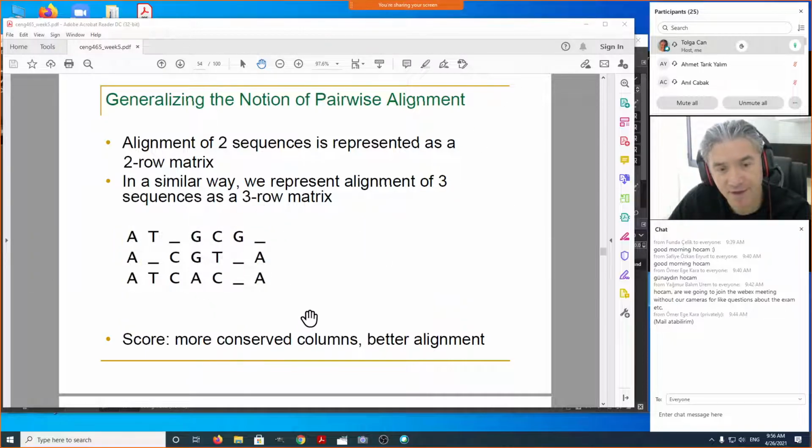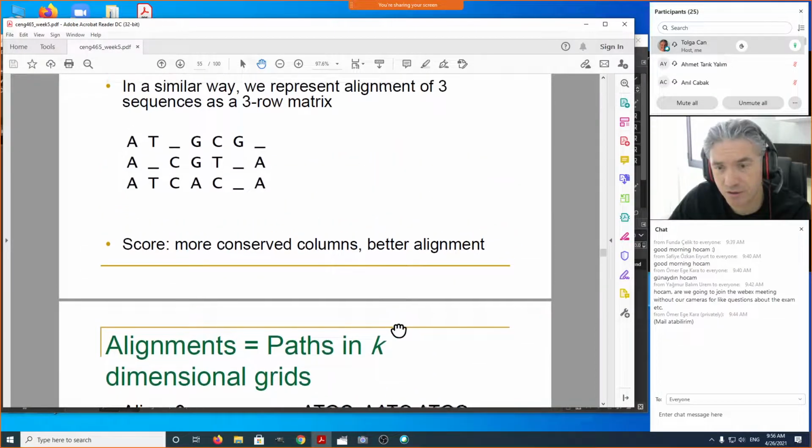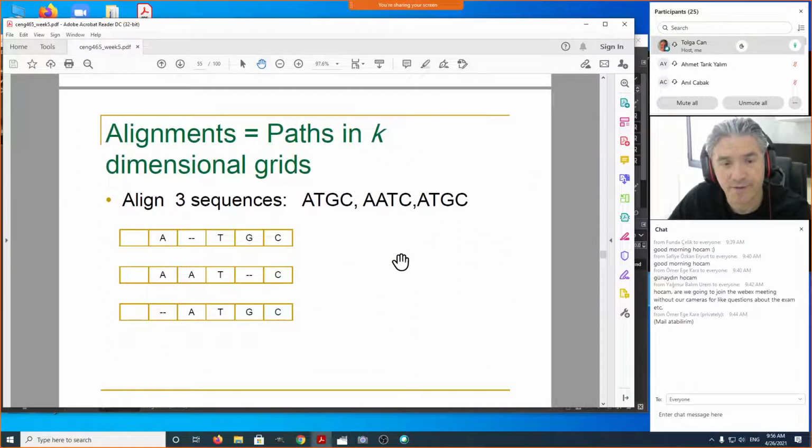But when we have many sequences, I already mentioned earlier that the dynamic programming solution is going to be computationally expensive. Its running time complexity will be exponential in k, so we will have a term like 2 to the k.